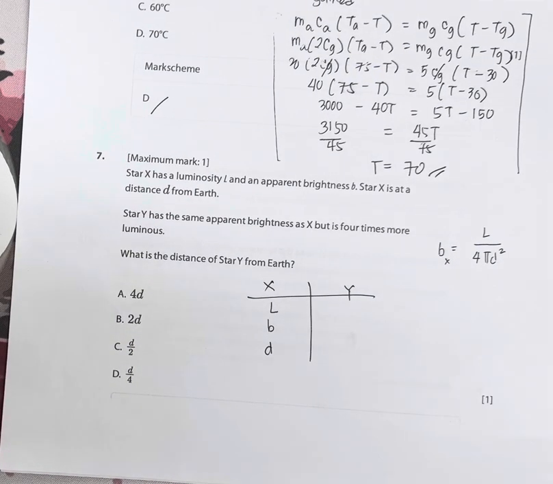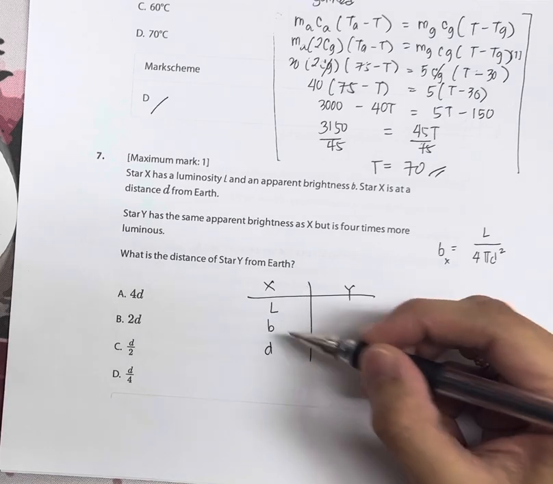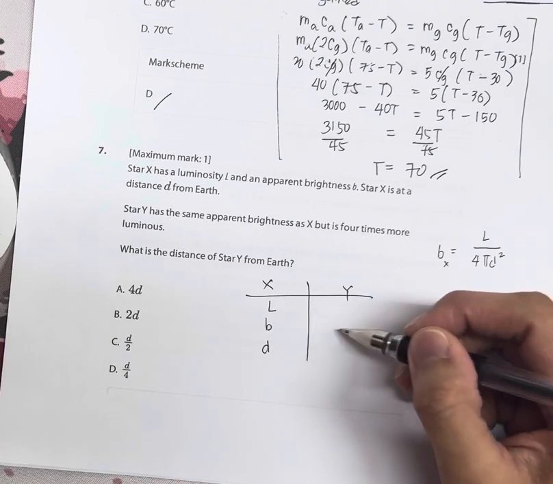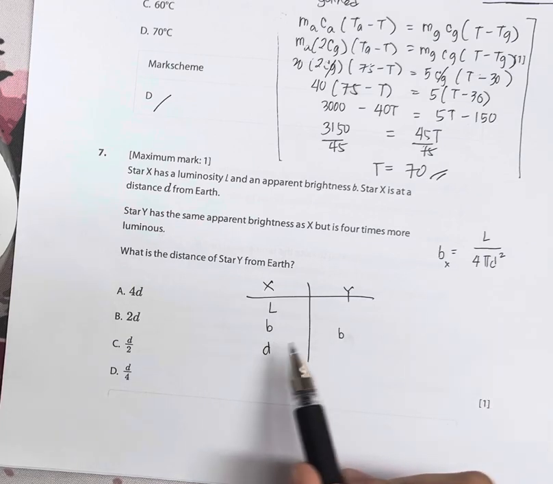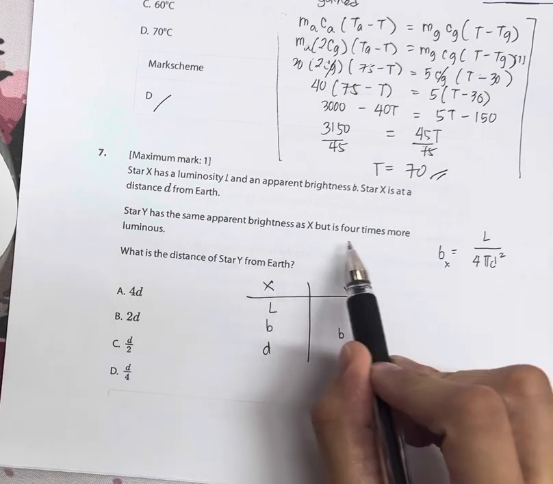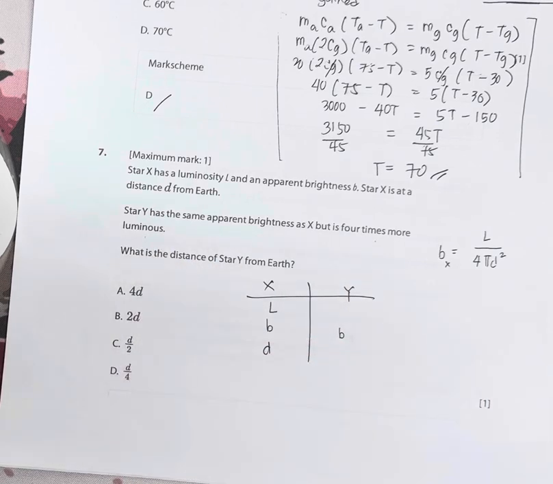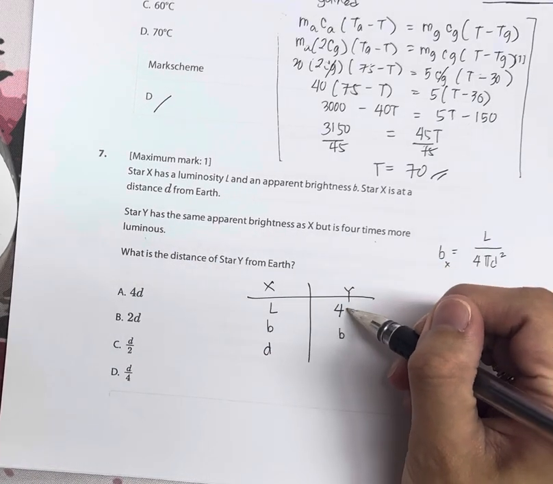Now, for star Y, it's telling us that it has the same apparent brightness, meaning the value for B for star Y must be the same. And in terms of the luminosity, despite having the same apparent brightness, the luminosity is 4 times that of X. So I will write that as 4L.